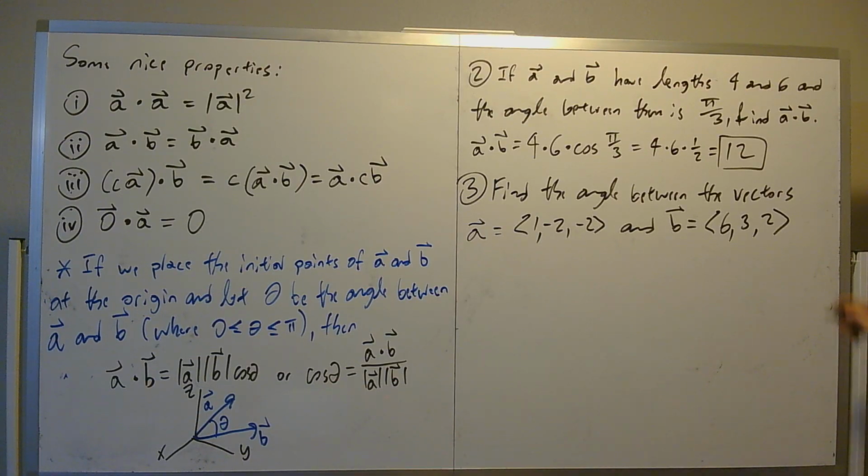Okay, so these are our two vectors, and we're trying to find the angle between them, and as is the name of the section, we probably want to use the dot product.